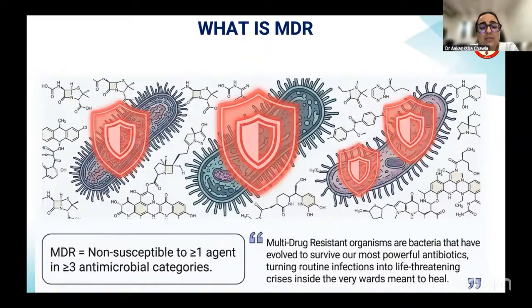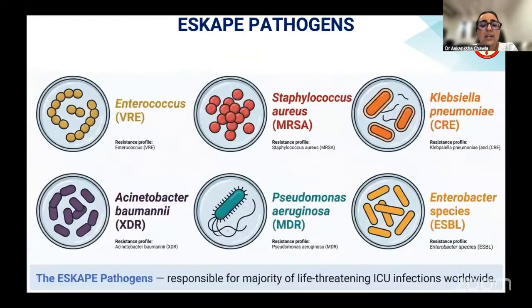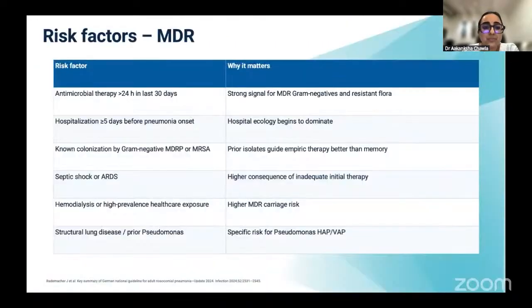And pan drug resistant becomes when the microorganism is resistant to all the drugs in all the classes. So this is just to recapitulate. And we see a lot of XDR Acinetobacter, Pseudomonas, MDR, ESBL, CRE, which pose a lot of threat, as well as VRE and MRSA in certain ICUs.